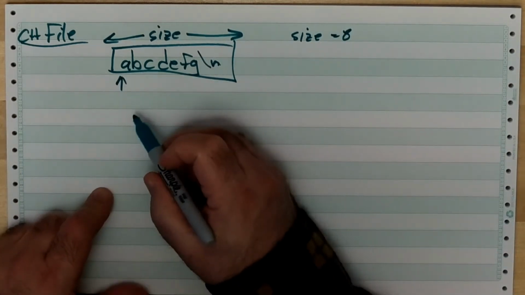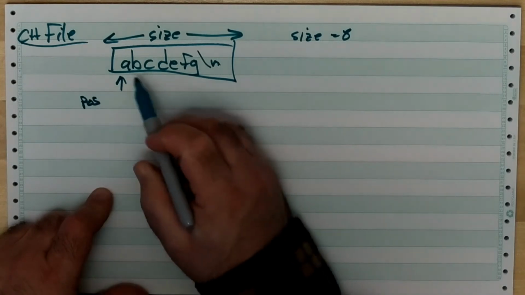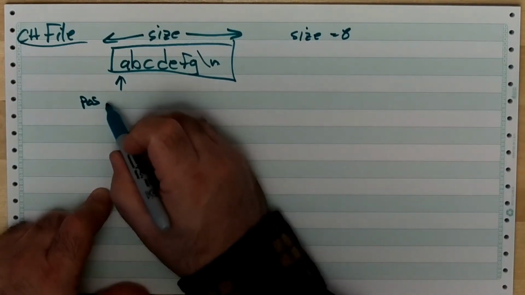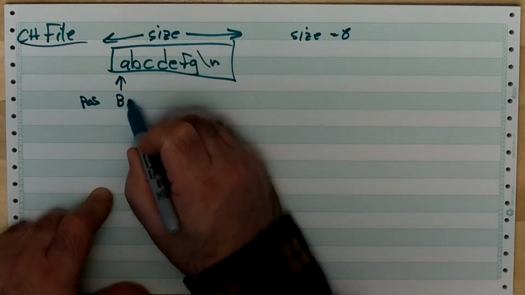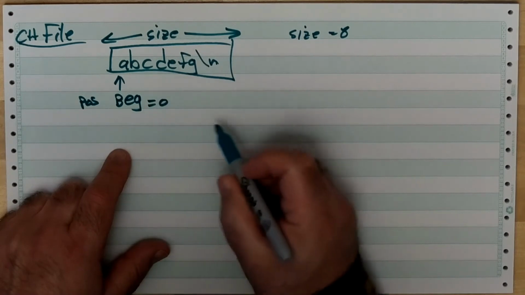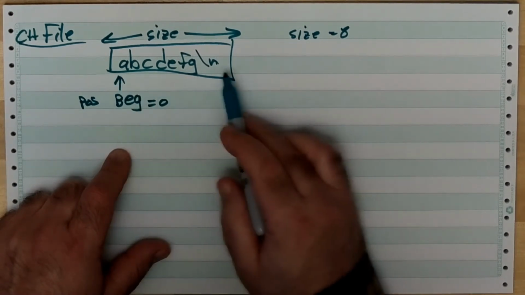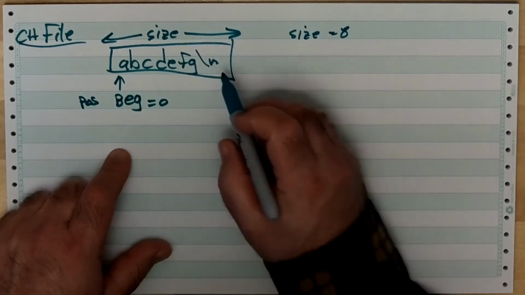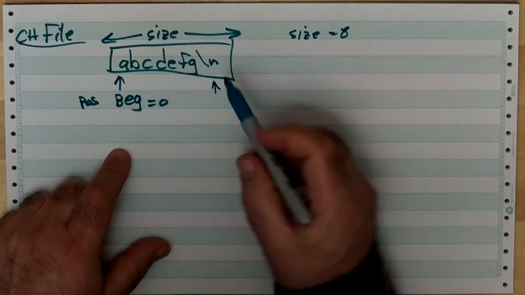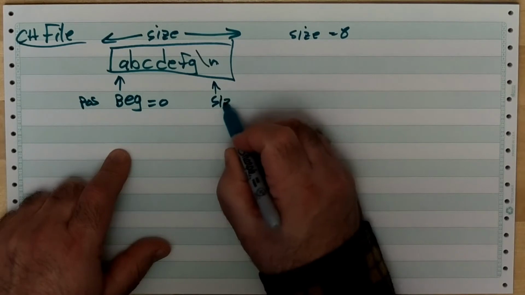The position of the first byte in the file, which we call the beginning, abbreviated BEG, equals 0. Okay? The position of the byte at the end of the file would, by definition, be size minus 1.